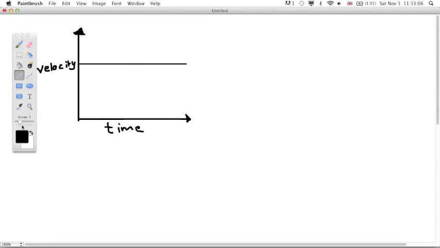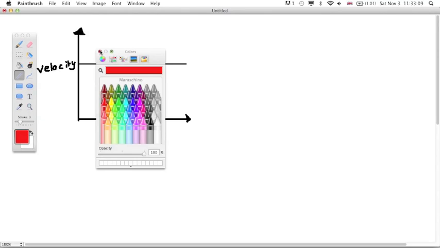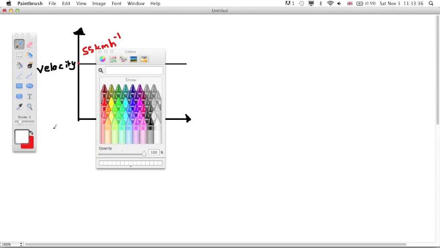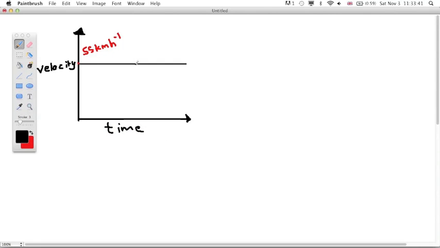So let's say this point over here is 55 kilometers per hour, like we did in the last video, km h^-1, and it's keeping the same speed over time. It's not changing. That's quite obvious what this graph shows, right? It just shows the constant speed over time.